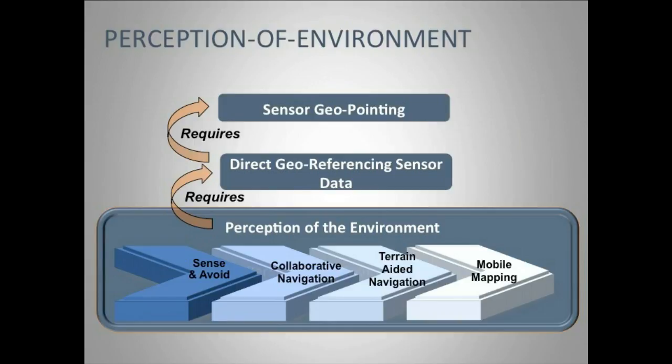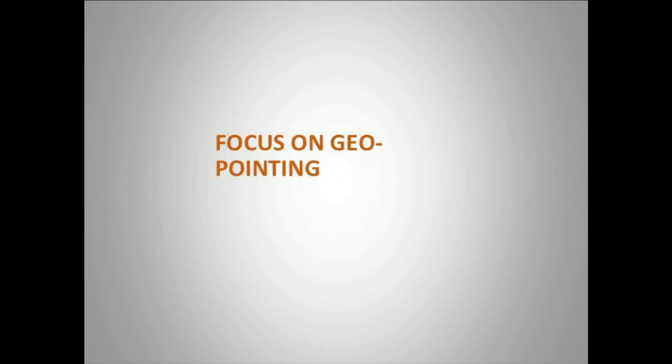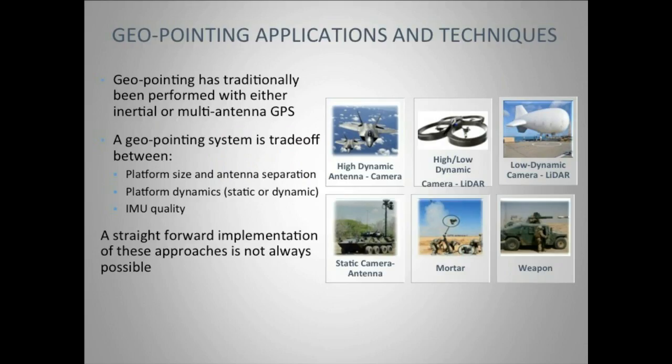So let's focus first on geopointing. This is an underlying capability that you need in order to achieve the higher level functionality. In our work here at Geodetics, we do both civilian and military applications, and you can see various platforms that we come across in our work.